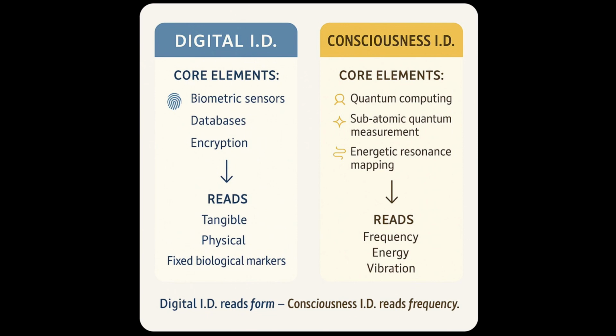So digital ID reads form. And under consciousness ID, the core elements are that it uses quantum computing, subatomic quantum measurement, energetic resonance mapping, which means that it reads frequency, energy, and vibration. And so consciousness ID reads your frequency.